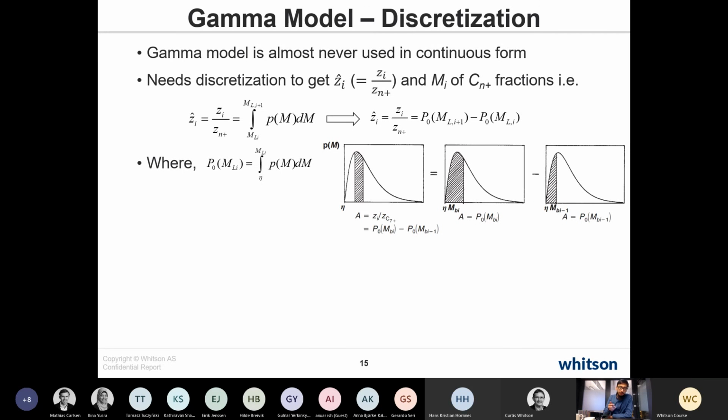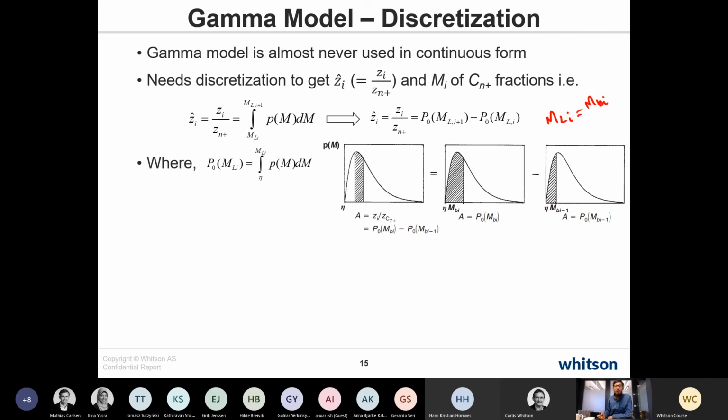This maybe looks very complicated, but the simple idea is that this continuous distribution that you see here needs to be discretized. And to discretize, you need some kind of boundaries. You have to specify the boundaries on the x-axis, which we call the lower molecular weight. We represent them as this MLI here, and in this monograph, it is MBI. So it's the same thing, MBI or MLI.